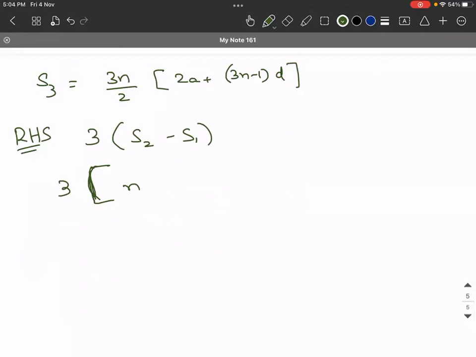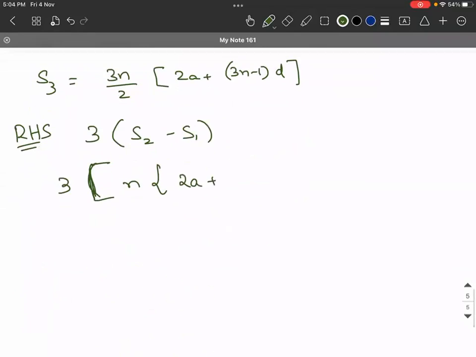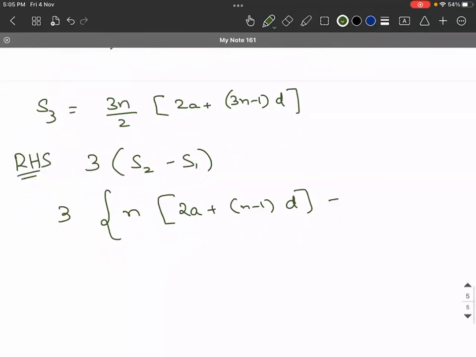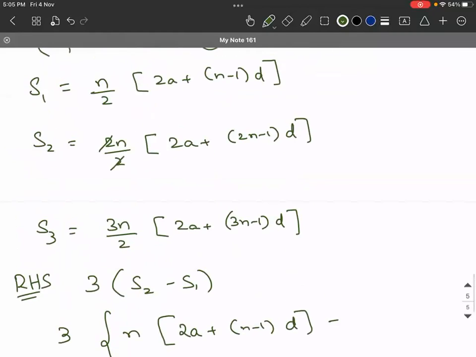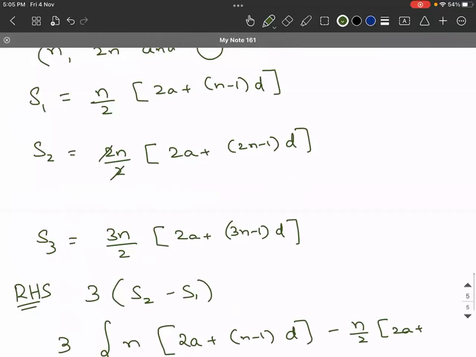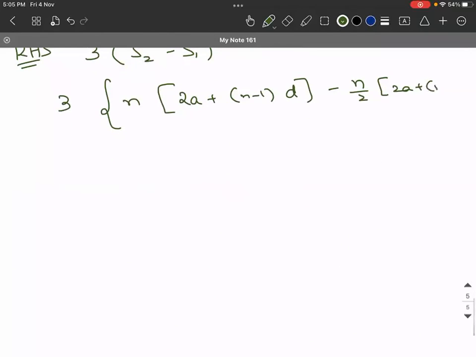So n into (2a plus (2n minus 1) into d) minus n by 2 into (2a plus (n minus 1) into d).